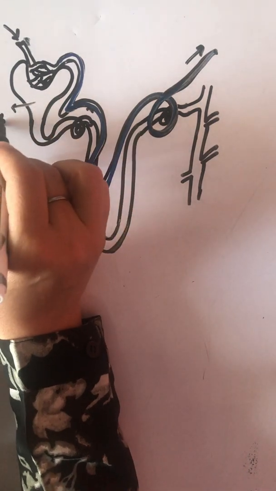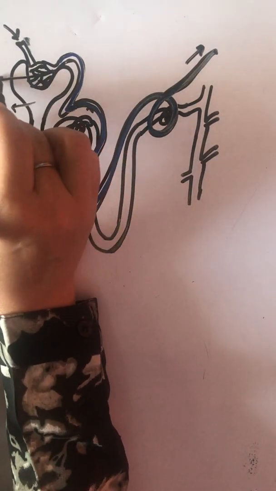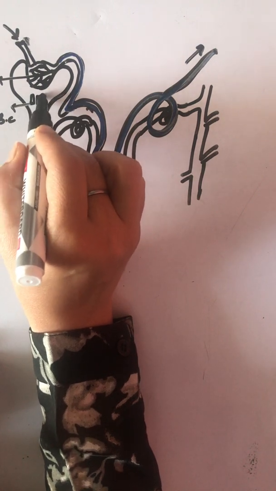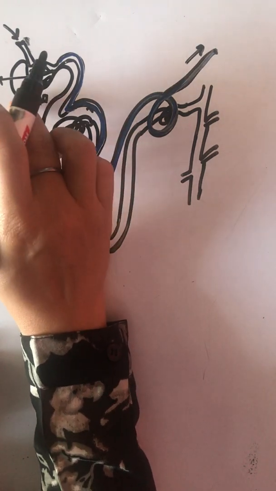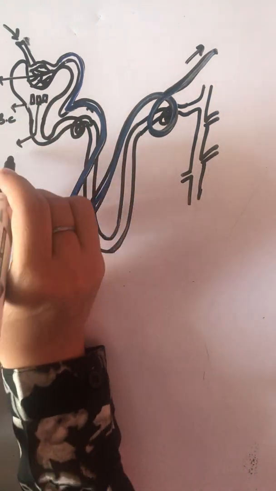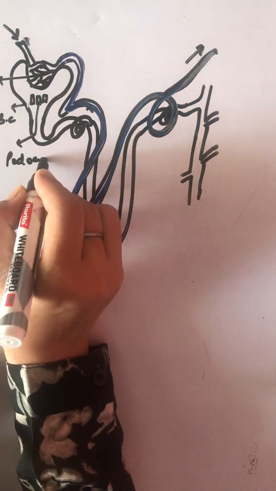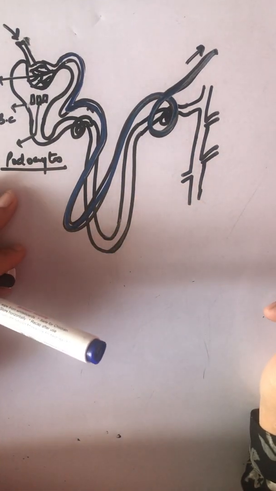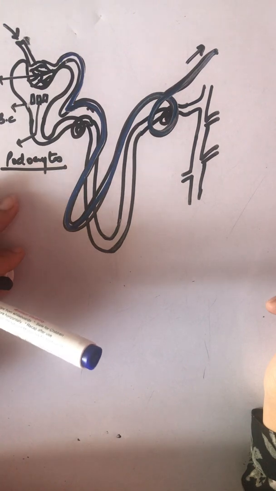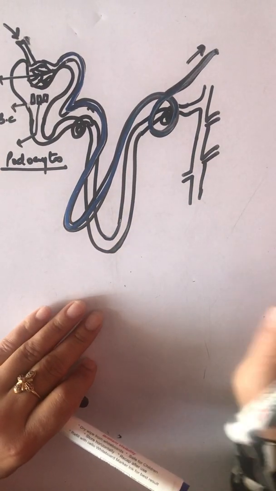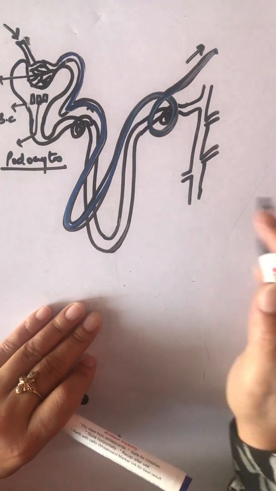This is Bowman's capsule. This is glomerulus. Here it shows a network of small cells and we call these small cells as podocytes. क्या बोलते हैं? Podocytes. Why? The best or the finest filtering unit होता है. Its diameter is so less that easily everything can be filtered out from the blood, avoiding all the major particles like proteins.